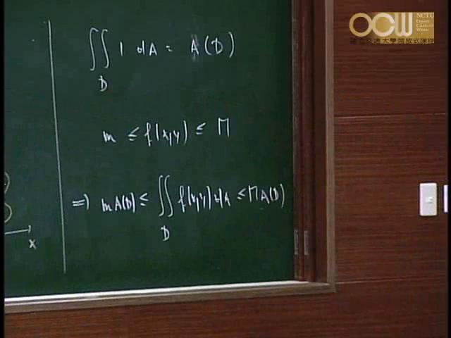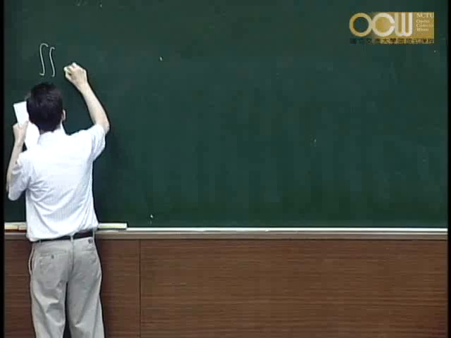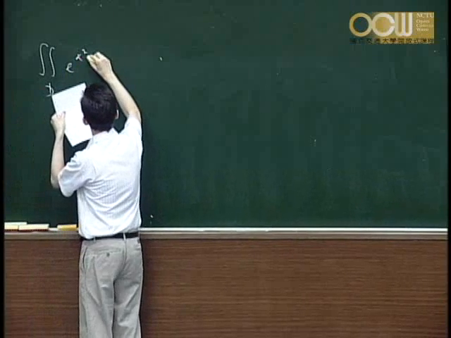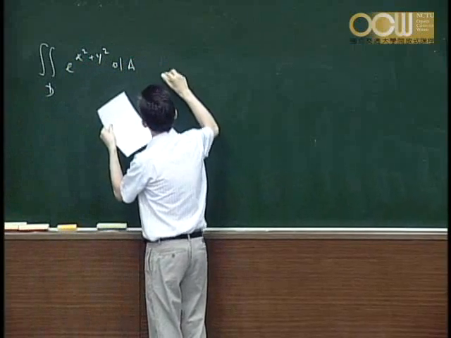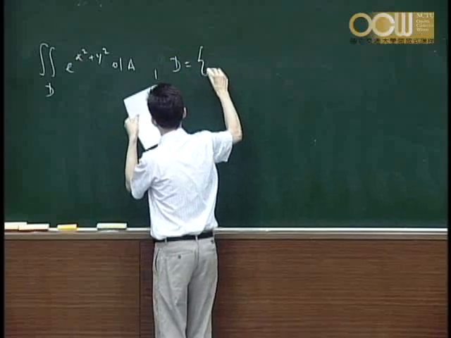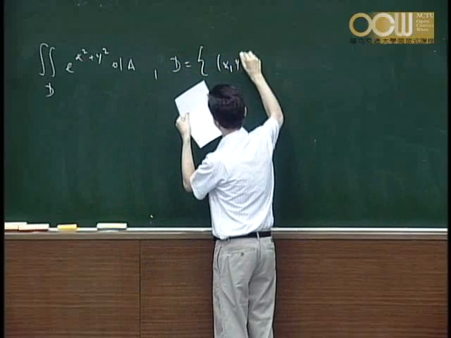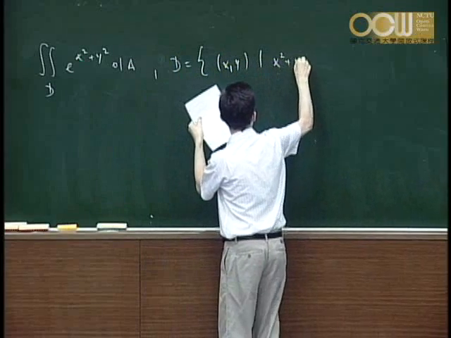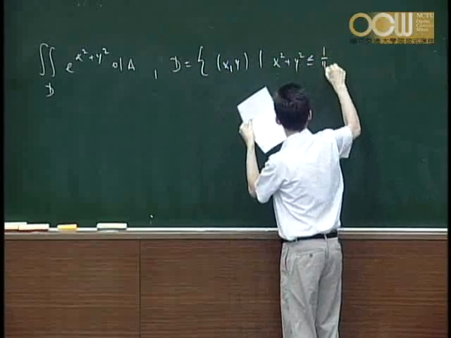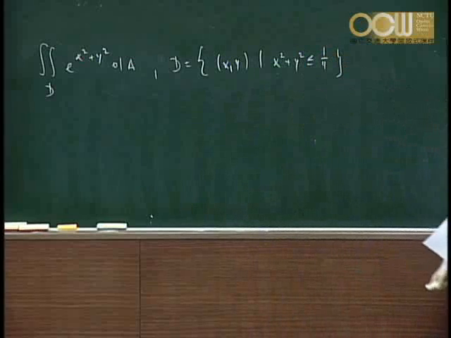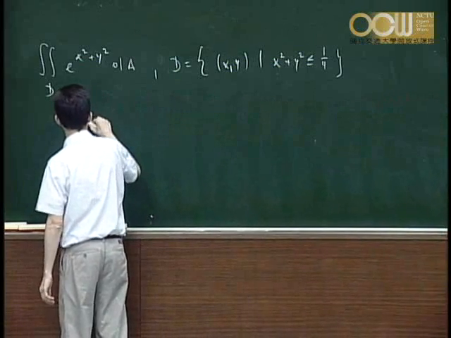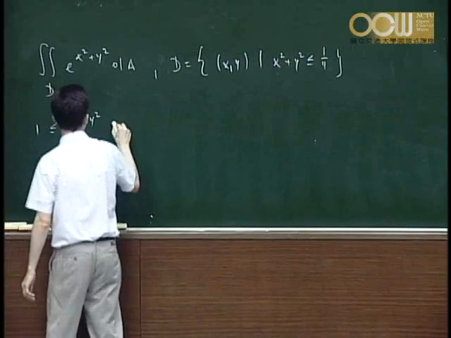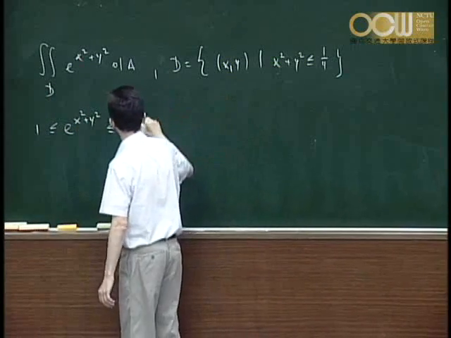So for instance, an example for this last property: the double integral of e to the x squared plus y squared dA, where D is the given region. Without doing any computations, you can get already that this will be larger or equal than 1, and at most e to the 1 over 4.